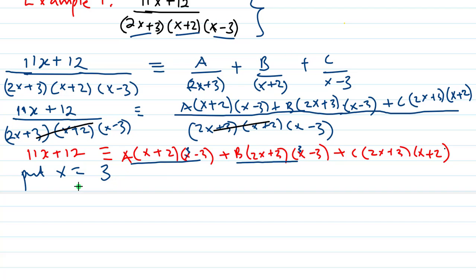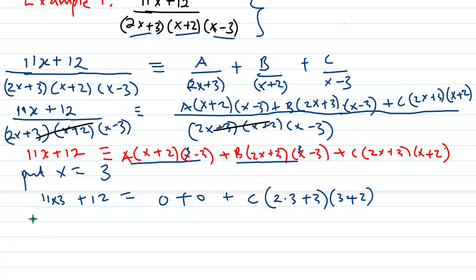So in that case, I'll have 11 times 3 plus 12 equals, this time around not equivalent but equals, because I've chosen a value of x. So I'll have 0 plus 0 plus C into 2 times 3 plus 3 into 3 plus 2.